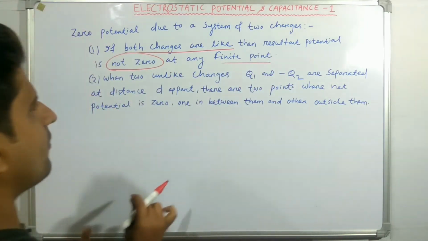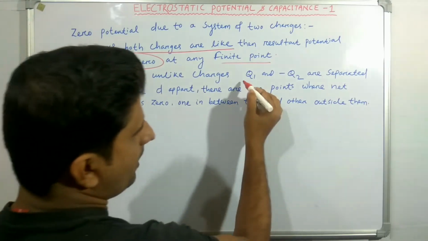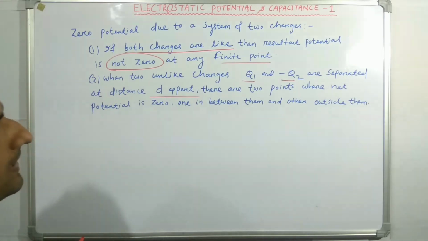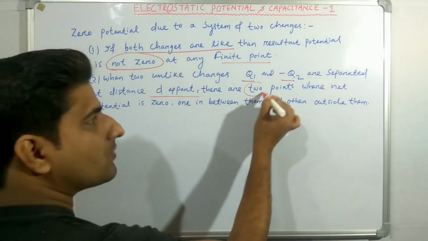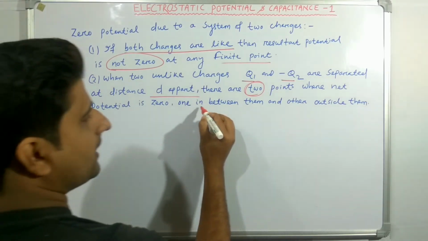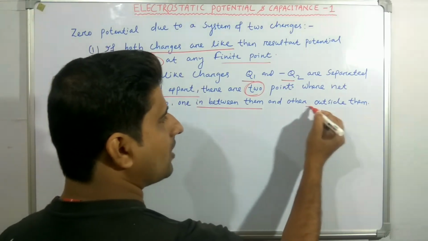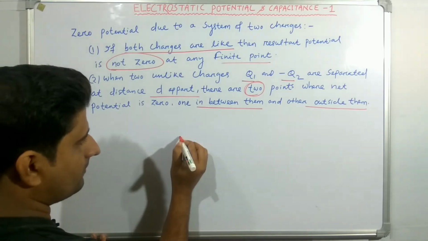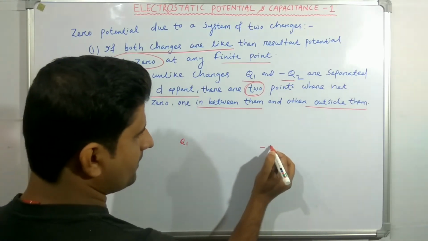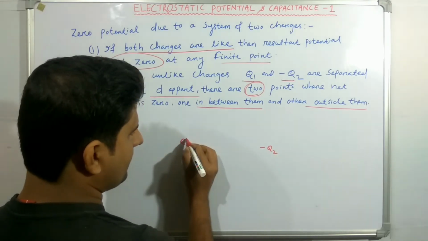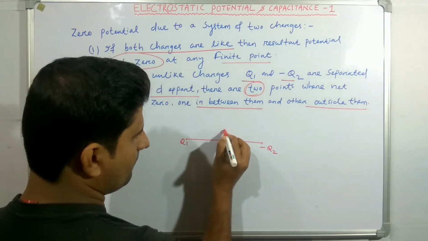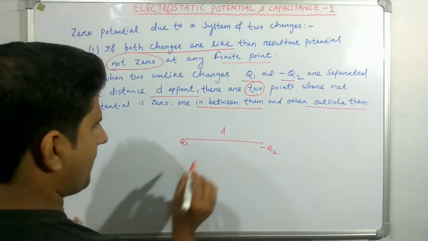But when two unlike charges q1 and minus q2 are separated by a distance d, there are 2 points where the net potential is zero, one in between them and the other outside them. Suppose a charge q1 and another negative charge q2 are separated by distance d.